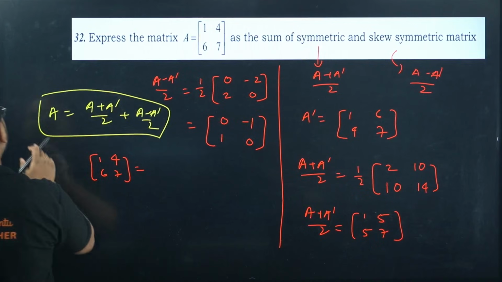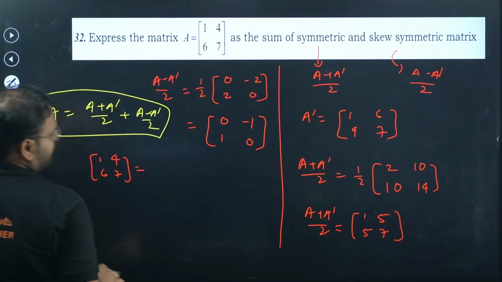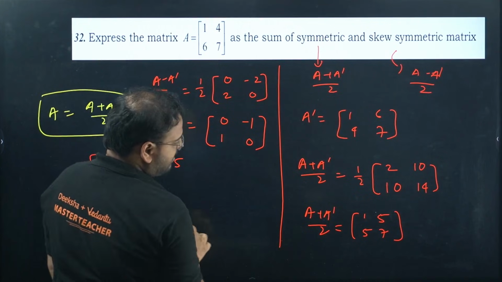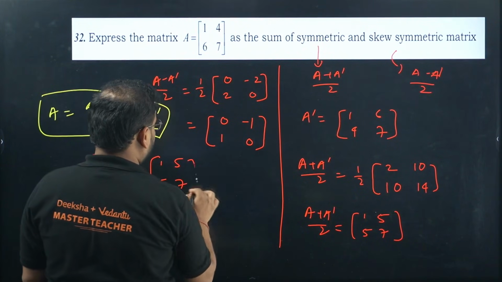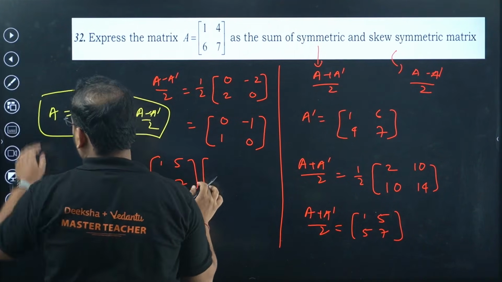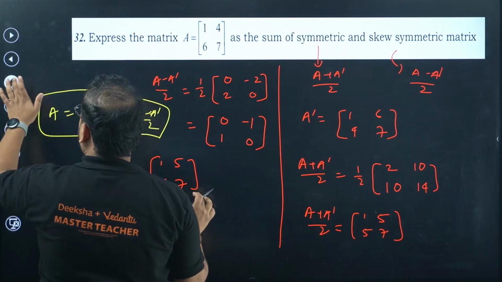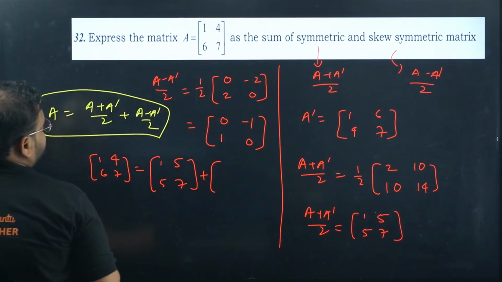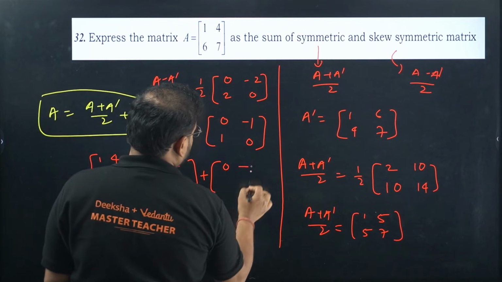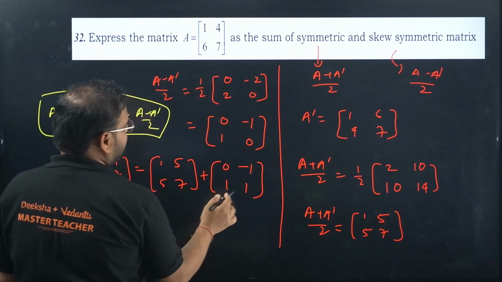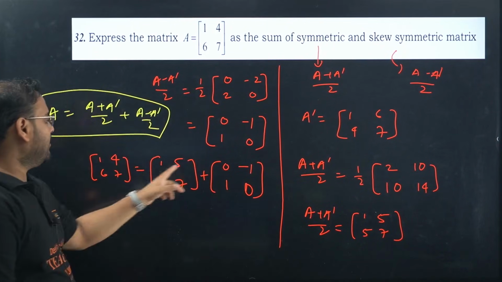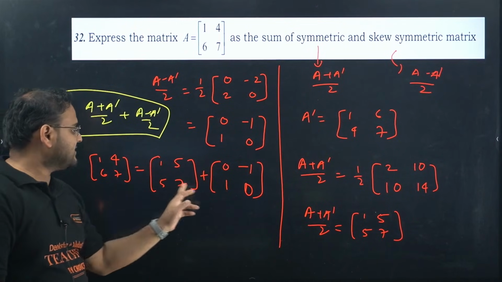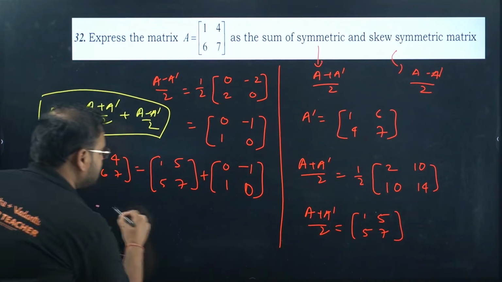A plus A dash by 2 is 1, 5, 5, 7, plus sign will come, and over here I'll have 0, minus 1, 1, 0. Just quickly verify. 1 plus 0 is 1, 5 minus 1 is 4, 5 plus 1 is 6, and 7 plus 0 is 7. So this is basically verified.